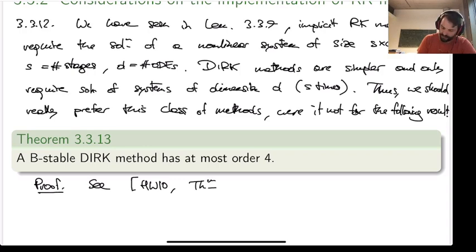So this is theorem 4.13.13. I'm not going to prove it again. So if we want higher order, we do want to look at full matrices and not just diagonally implicit Runge-Kutta methods.